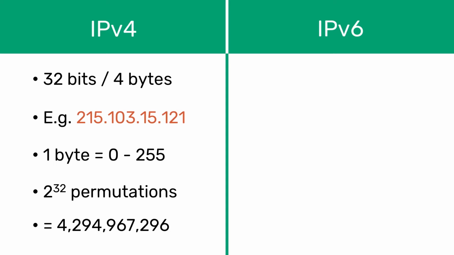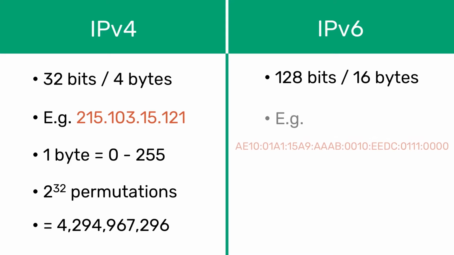This was exhausted finally in 2011, but fortunately it was foreseen, and the development of IP version 6 started in the 90s. This uses 128 bits, or 16 bytes, which massively increases the permutations.